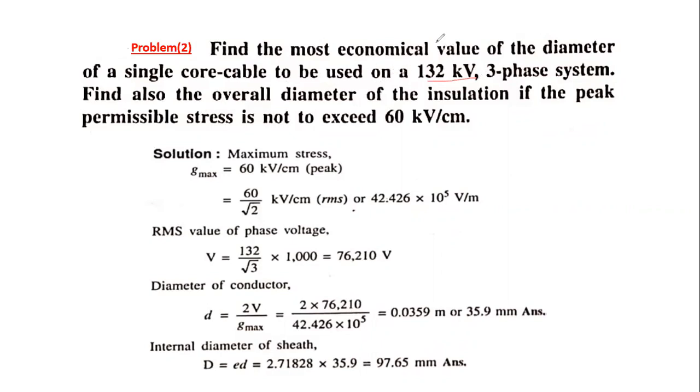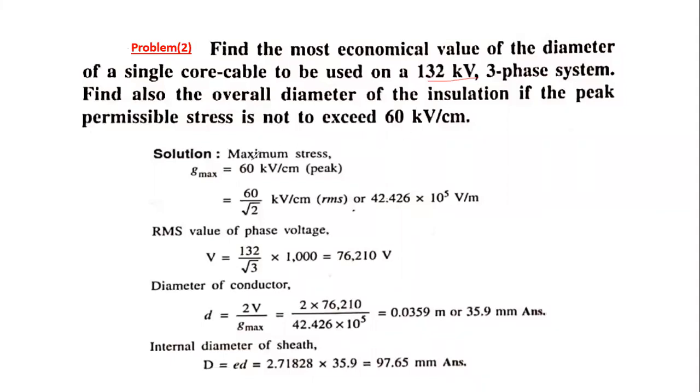Therefore voltage V is equal to 132 kilovolts. Find also the overall diameter of the insulation if the peak permissible stress is not to exceed 60 kilovolts per centimeter.